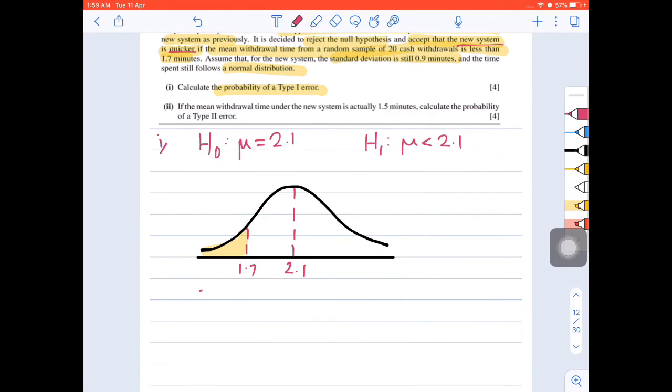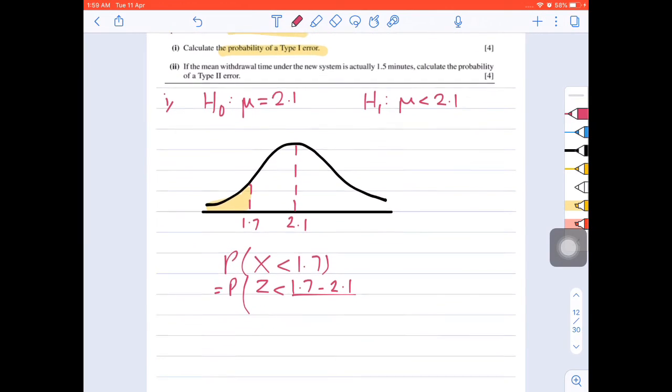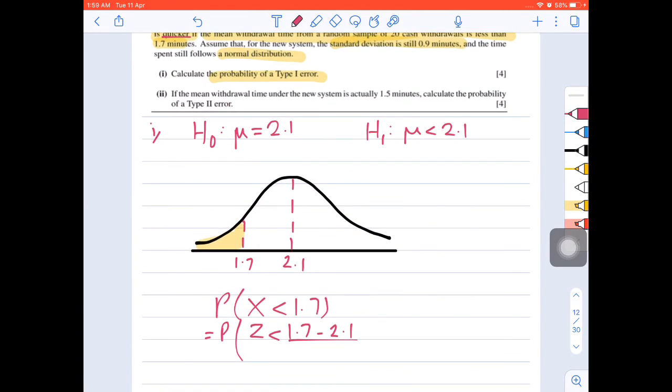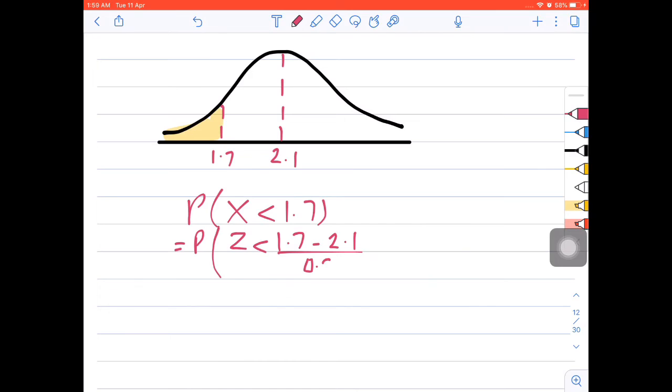So we'll find the value of z for this. Basically we have to find probability of x less than 1.7, which is equal to probability of z less than (1.7 minus 2.1) upon the deviation given as 0.9 over root of the sample size 20.